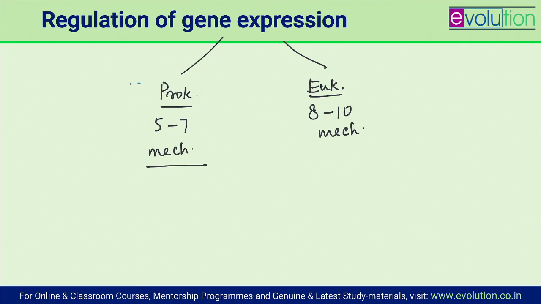So general question can always be asked, gene expression regulation in prokaryotes, but at the same time, you may be asked a question on operon model, and attenuation. These are the questions that might be asked to you.